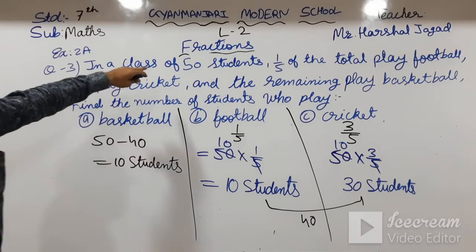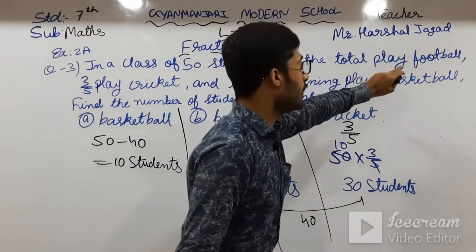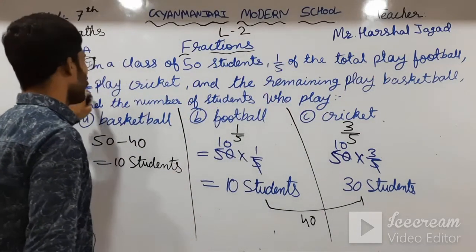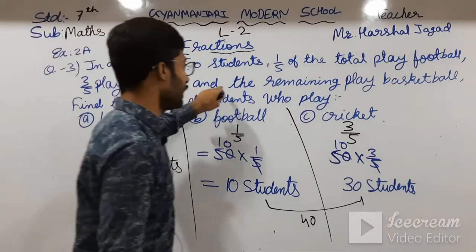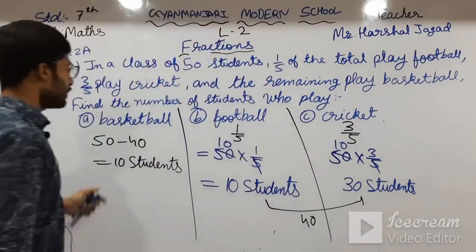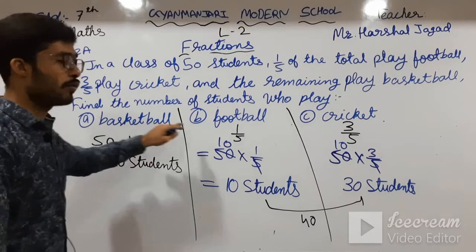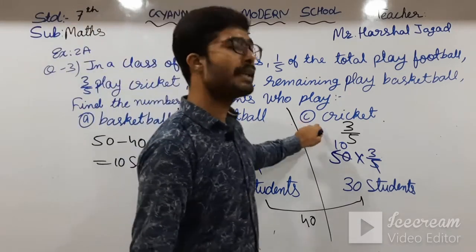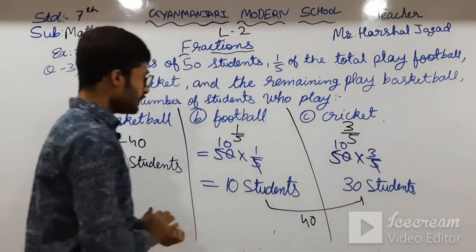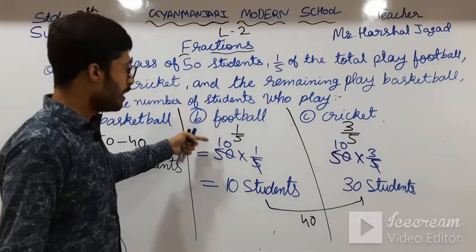You can see here students, in a class of 50 students, 1/5 of the total play football, 3/5 play cricket and the remaining play basketball. So we have to find out the numbers of students who are playing basketball, football and cricket. First we started with football.